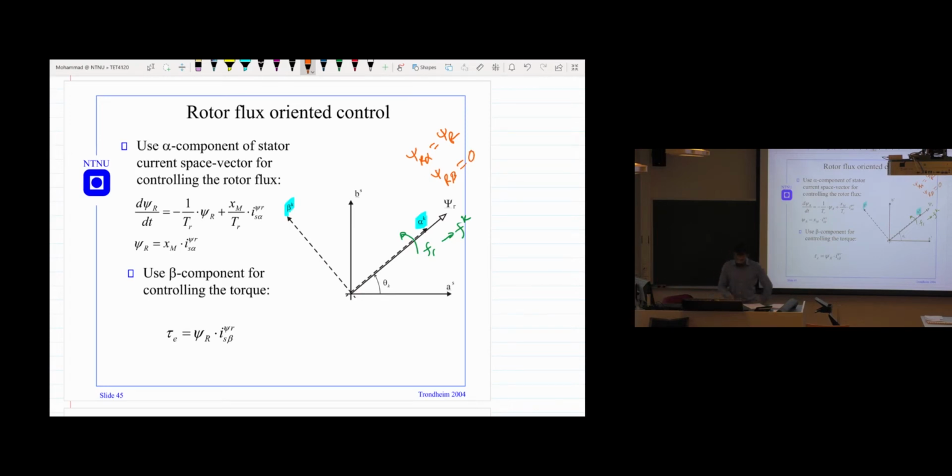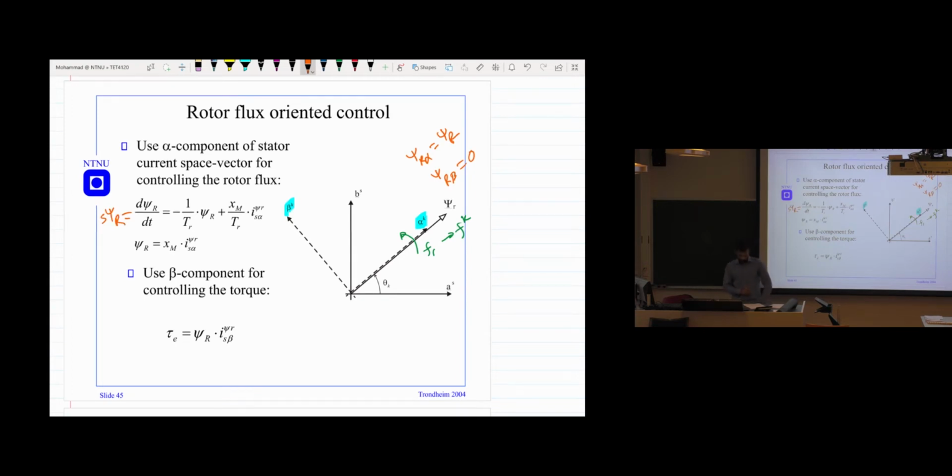So from that we got this equation. Yeah, we developed it before. The dynamic equation for the rotor flux. And what you see from this, if you write it like this: the derivative term, if you convert into Laplace domain, then you can write this S CR like this.